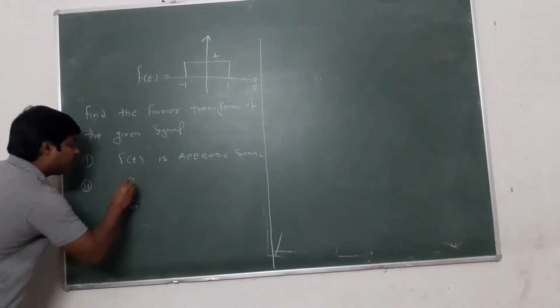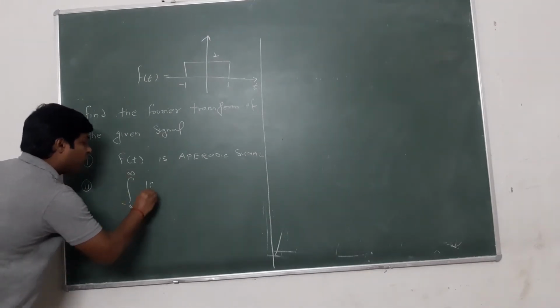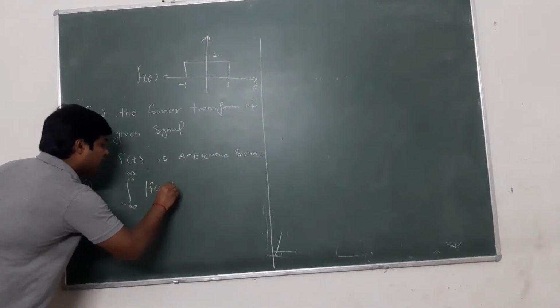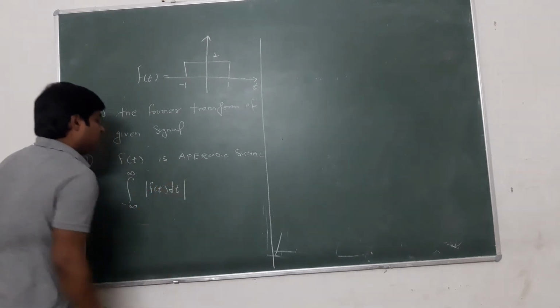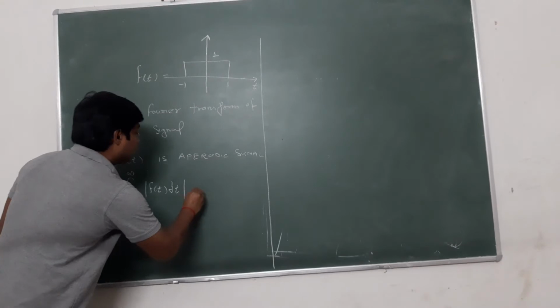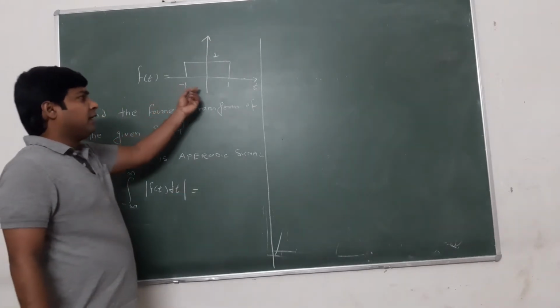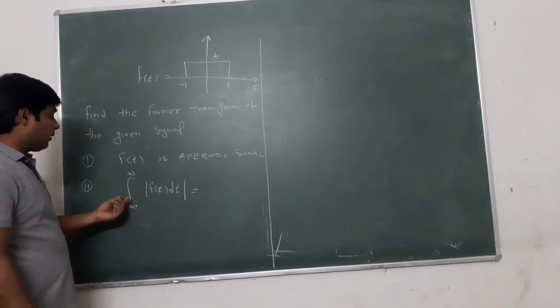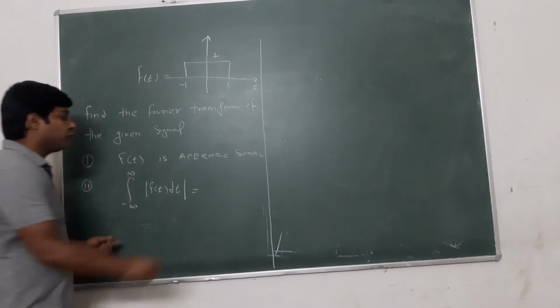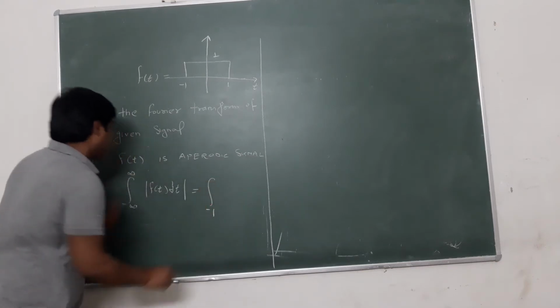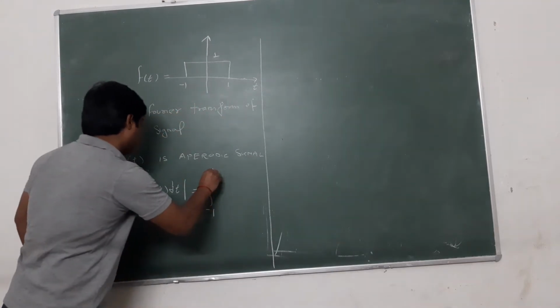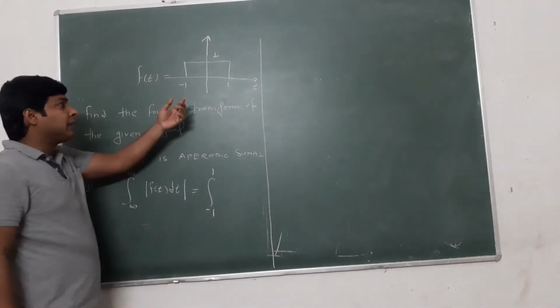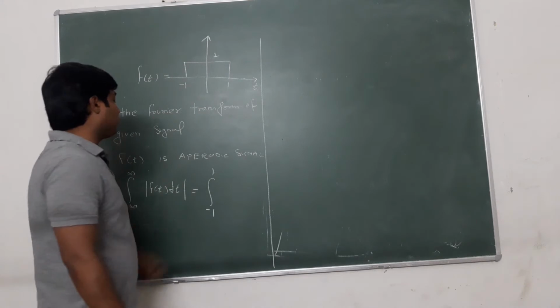Integral from minus infinity to infinity of mod f(t) dt. The signal exists from minus 1 to 1, hence the limits will change from minus infinity to minus 1 and plus infinity to plus 1. And what is the amplitude during this duration? This is 1.